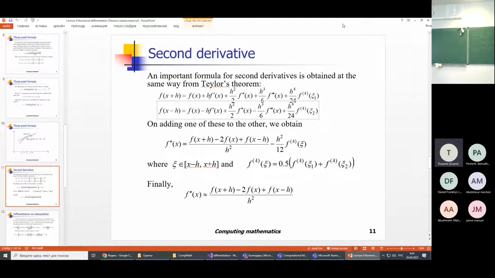How to find the second derivative? You should find the first derivative, and after that, the derivative of the first derivative. We found the first derivative in the previous lesson. What is the first derivative of this function? The first derivative is 3x squared.